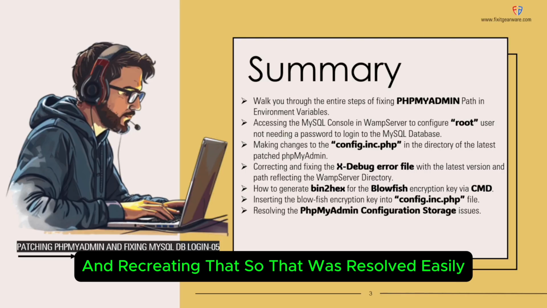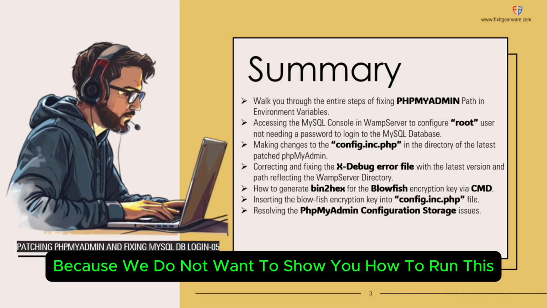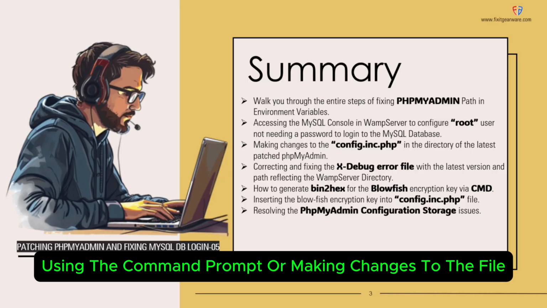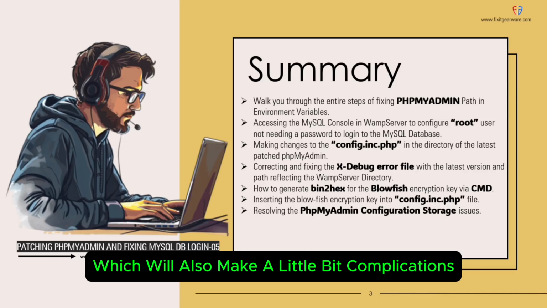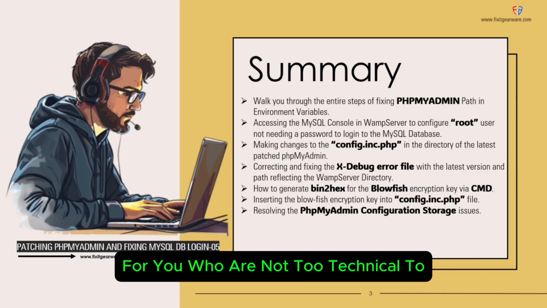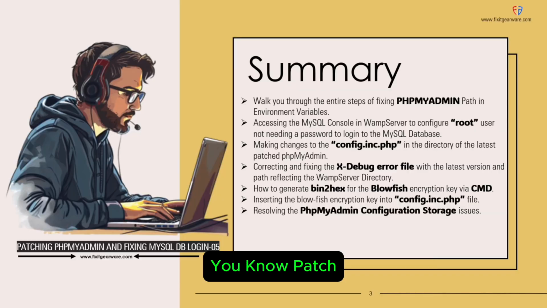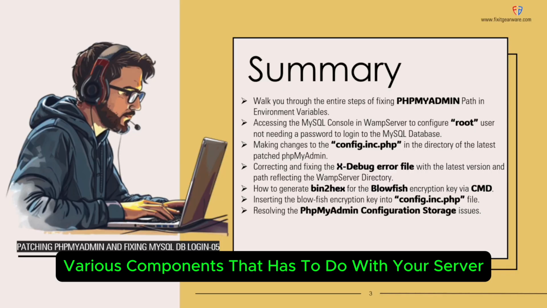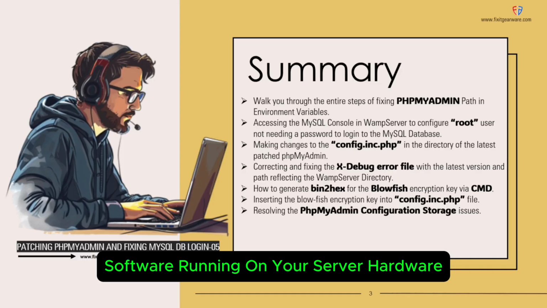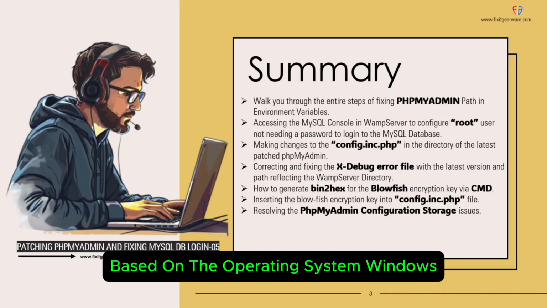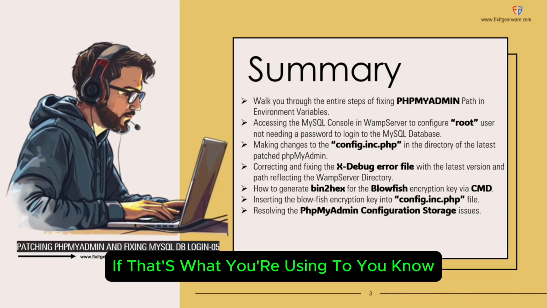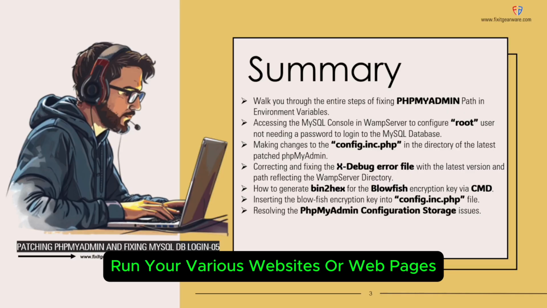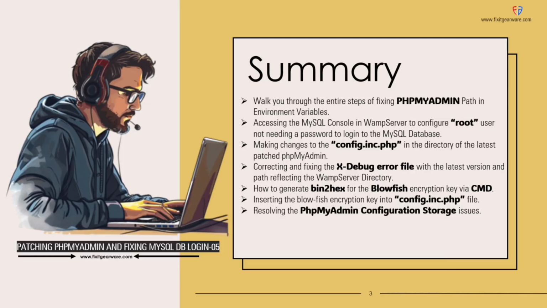So that was resolved easily because we do not want to show you how to run this using the command prompt or making changes to the file, which will also make a little bit of complication for you who are not too technical to patch various components that has to do with your server software running on your server hardware based on the operating system Windows, if that's what you're using to run your various websites or web pages.